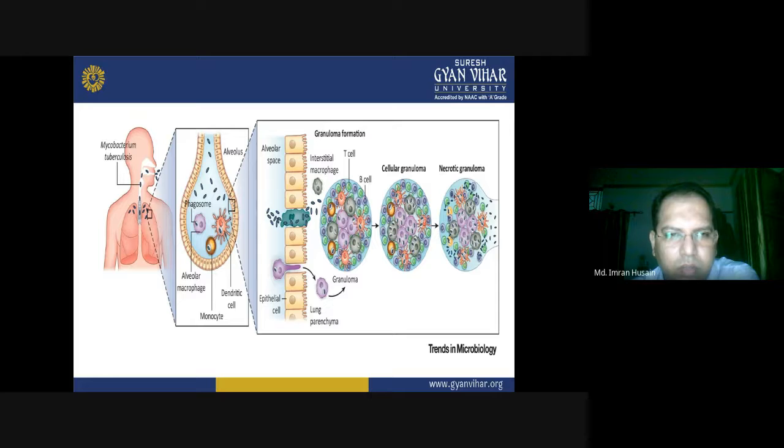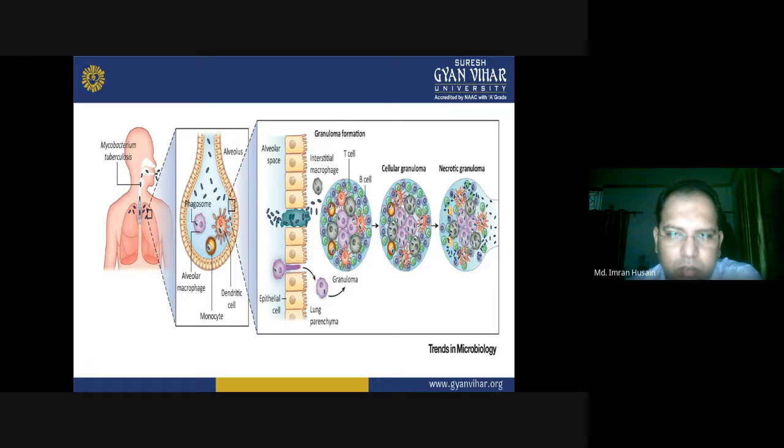So here you can see how Mycobacterium tuberculosis spreads in the alveolus, where phagocytes are present: alveolar macrophages, monocytes, and dendritic cells, and this Mycobacterium is entering inside them. Then the alveolar space, epithelial cells and lung parenchyma, and the granuloma enters inside, and there we have interstitial macrophages also.